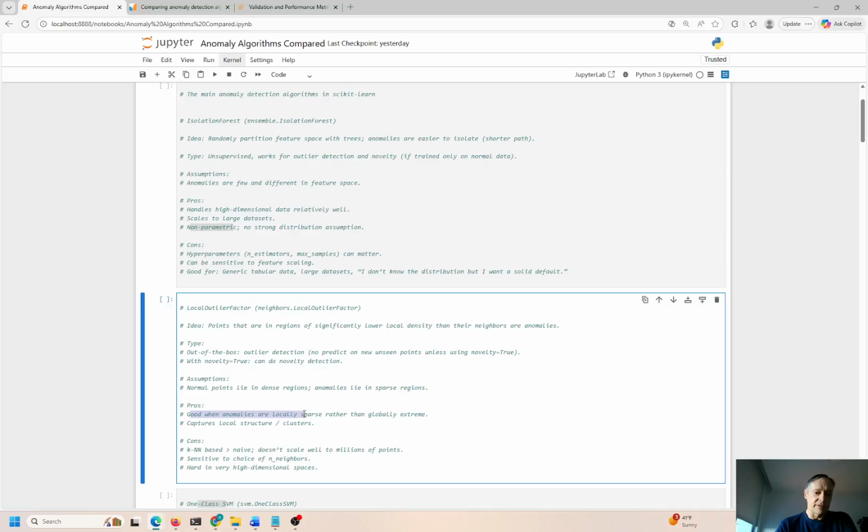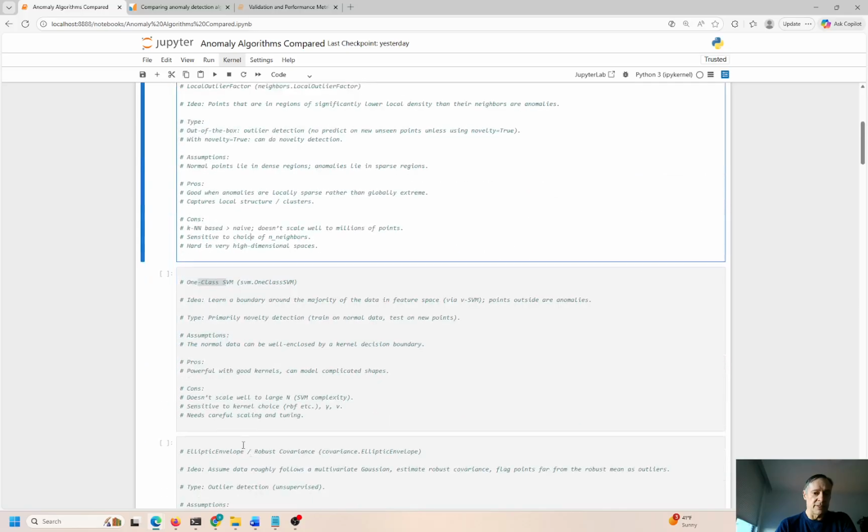The pros and cons are right here. Good when anomalies are located sparsely rather than globally, and captures local structures. Cons, KNN-based, naive. So this is a naive sort of algorithm, right? It's not too smart, but it does a good job at what it's designed to do. Sensitive to neighbors and hard in high dimensional data spaces.